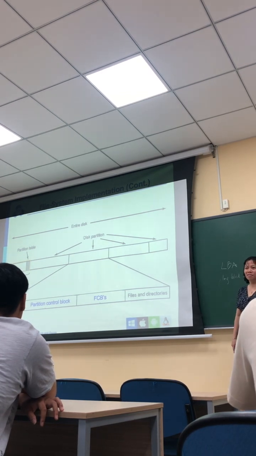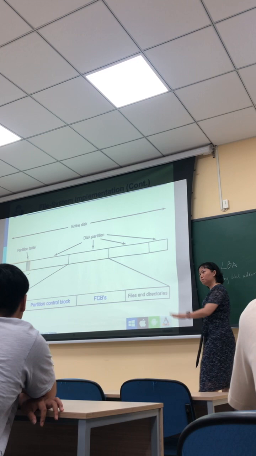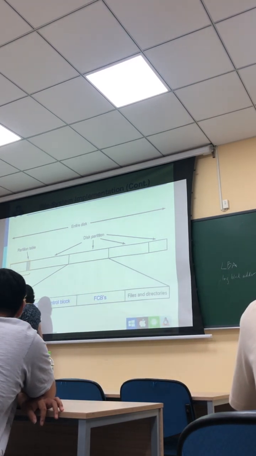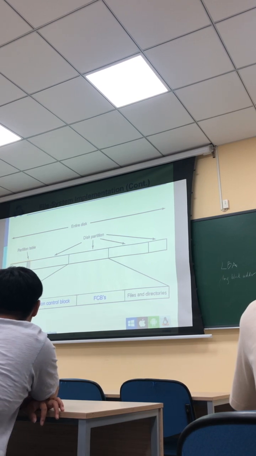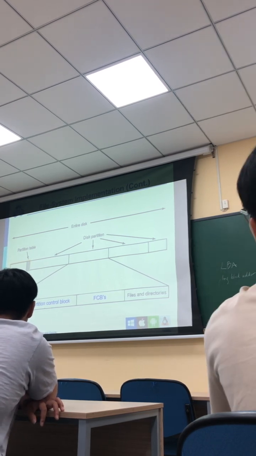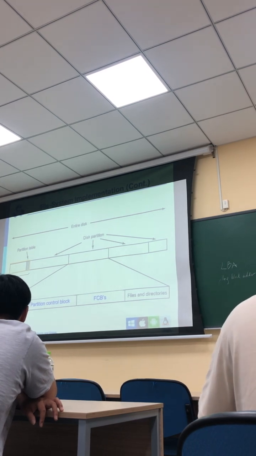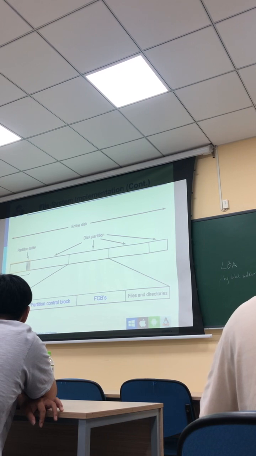Master boot record. When you start your machine, this section will respond. And partitions, for example, you divide your disk into partitions. One partition for Windows, one partition for Linux, for example. Or you can split like that: two partitions for Windows, but you install the operating system on partition C, for example.